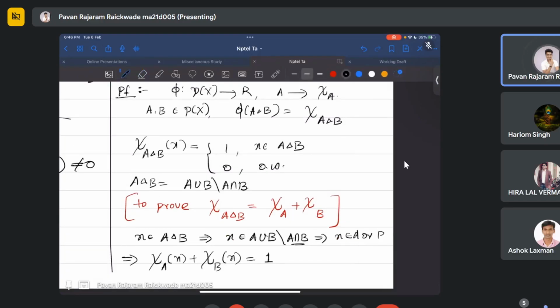That means either this is 1 and this is 0, or this is 0 and this is 1. So by adding you get 1, which is the same as chi of A symmetric difference B at x.